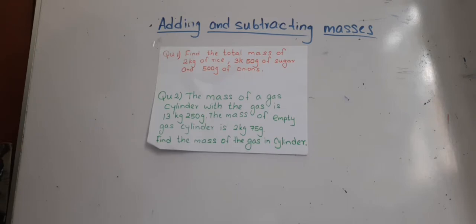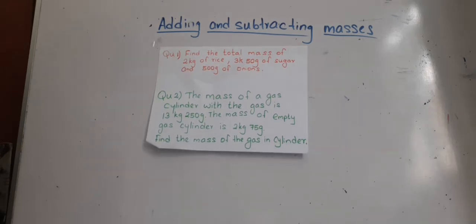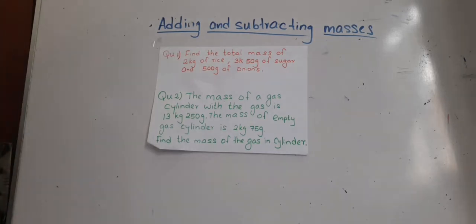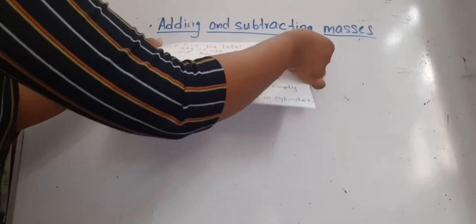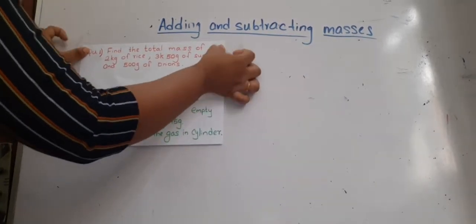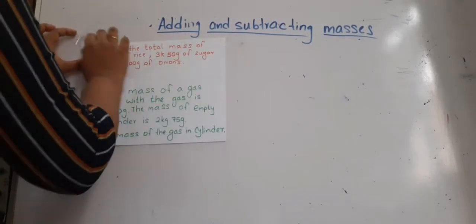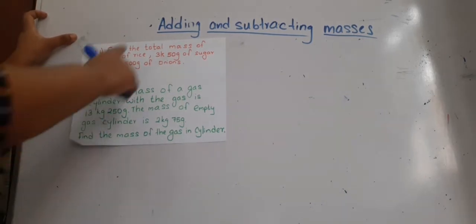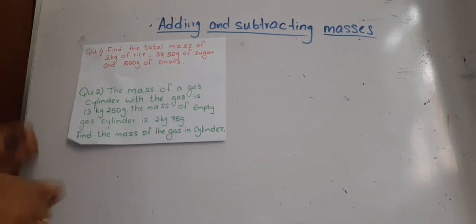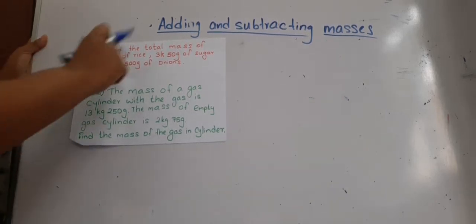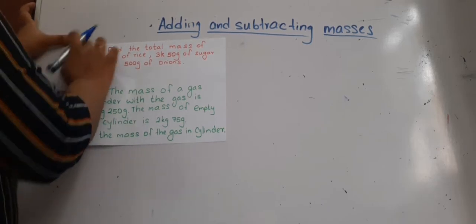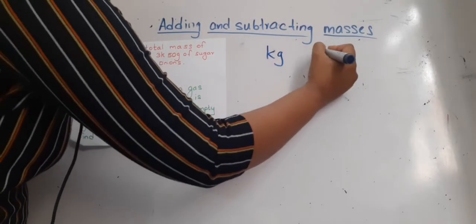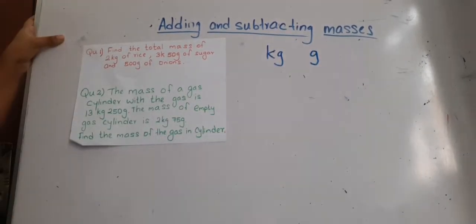Find the total mass of 2 kilograms of rice, 3 kilograms 50 grams of sugar and 500 grams of onion. Since they are asking to find the total mass, you definitely know that you should add the masses of these. When you are adding, since they have given both kilograms and grams, we will put the units like this.